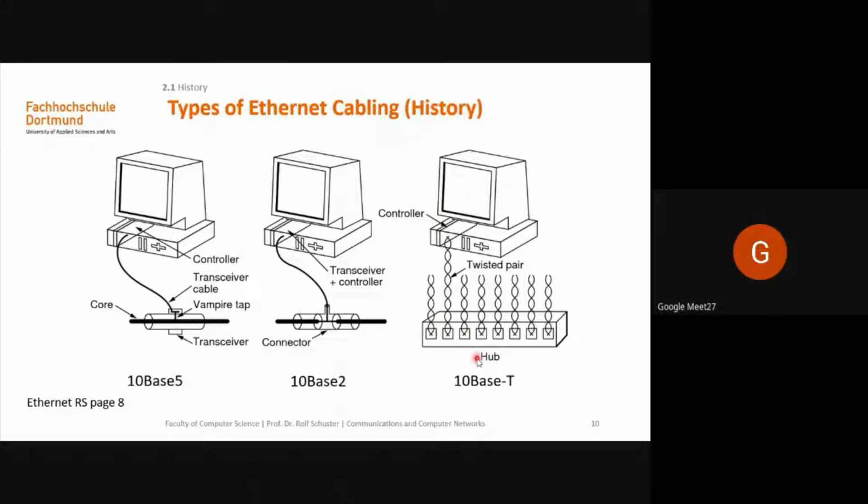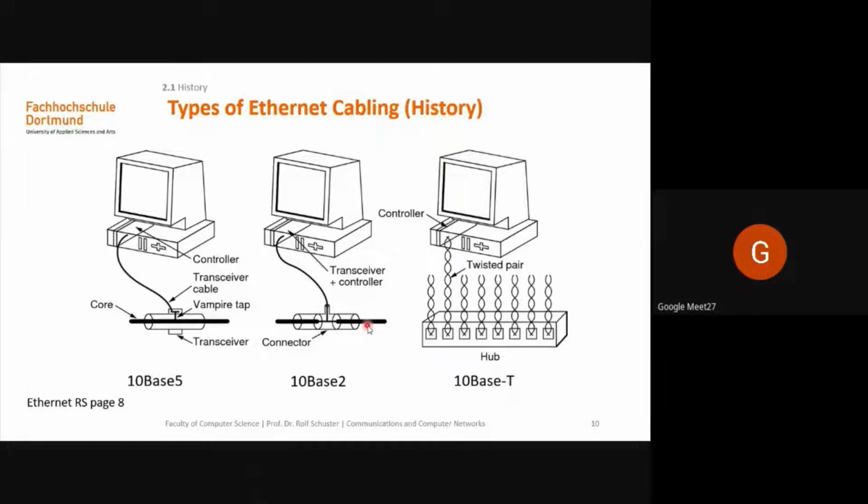And in the case of the use of twisted pairs, the name of that specification was 10BaseT, where 10 is for 10 megabits per second, Base for baseband, and T for twisted pair.